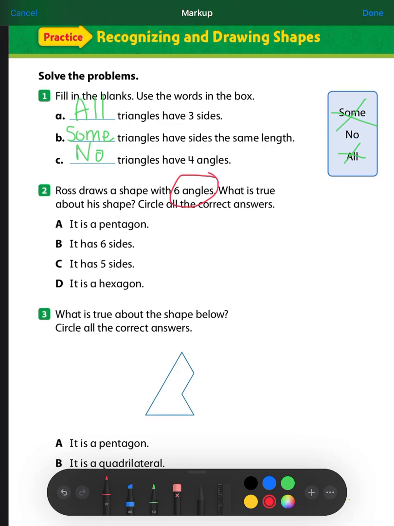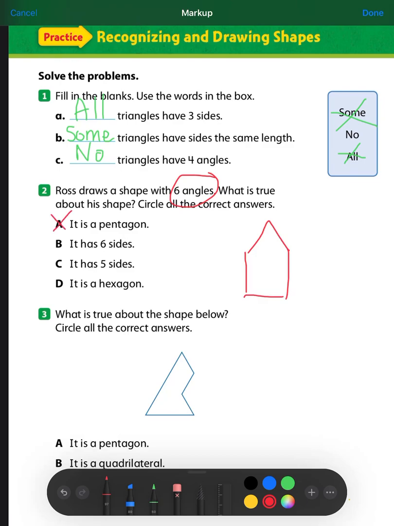So what is true about his shape? A, it is a pentagon. Now we know that a pentagon has 5, it's like a house, has 5 sides and 5 angles. So it's not A.